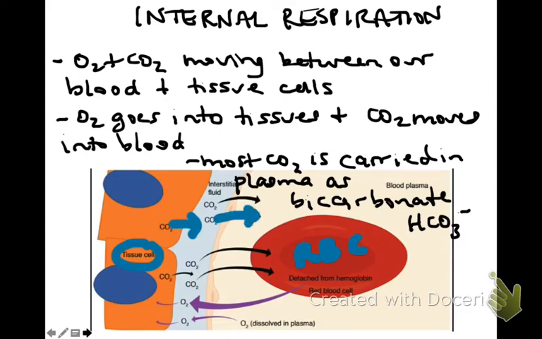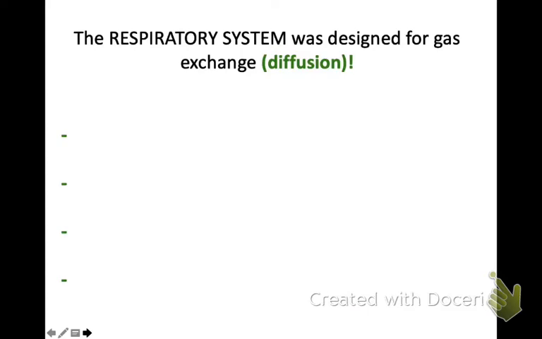And then the oxygen is going to be moving in the opposite direction. The oxygen is going to be moving from the red blood cells, over here, and into the tissues, because the tissues need oxygen to keep going through cellular respiration to keep you alive.